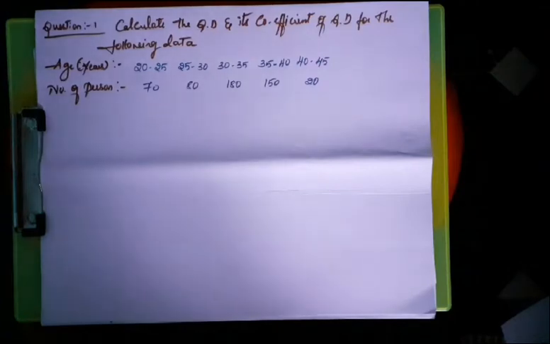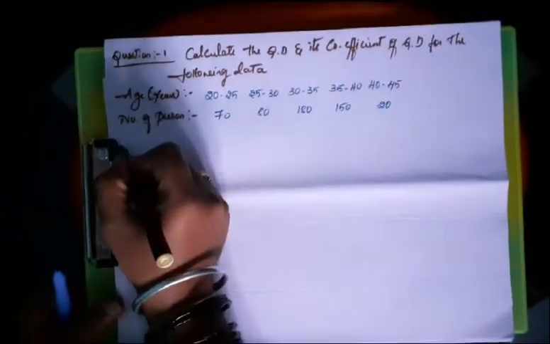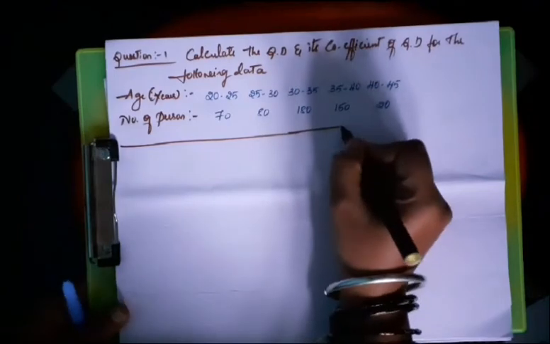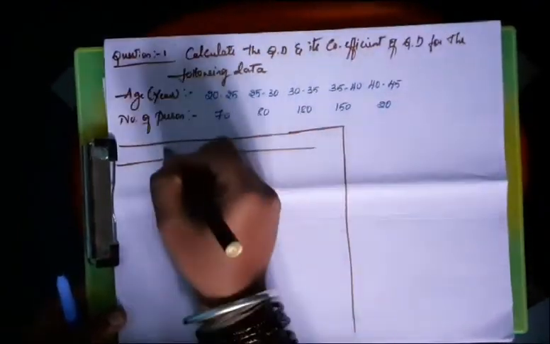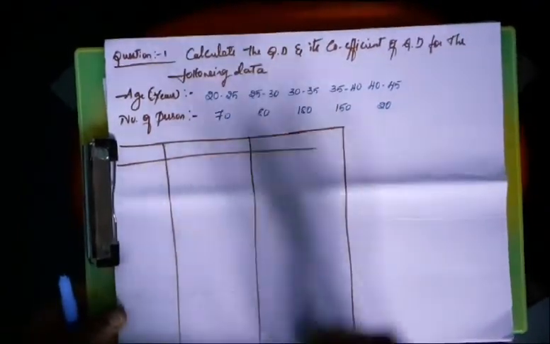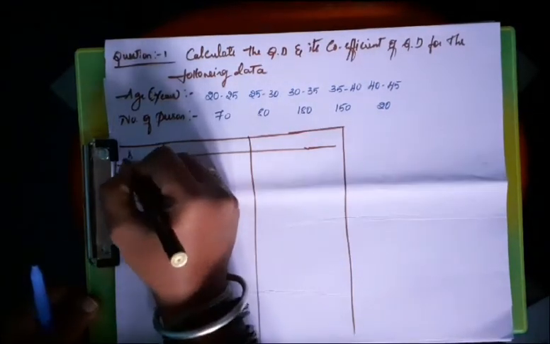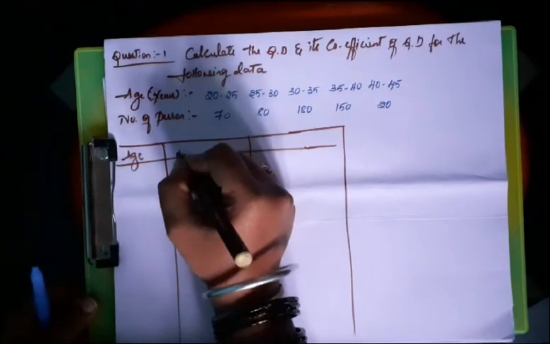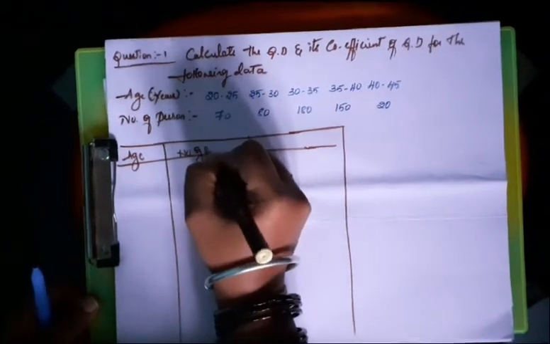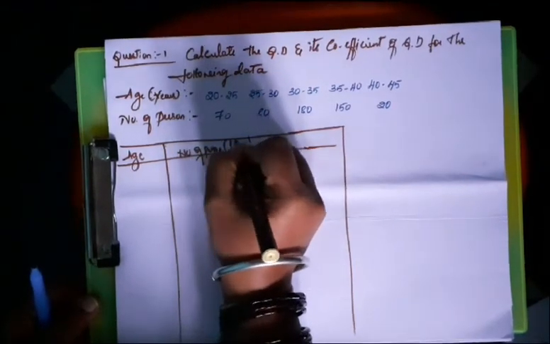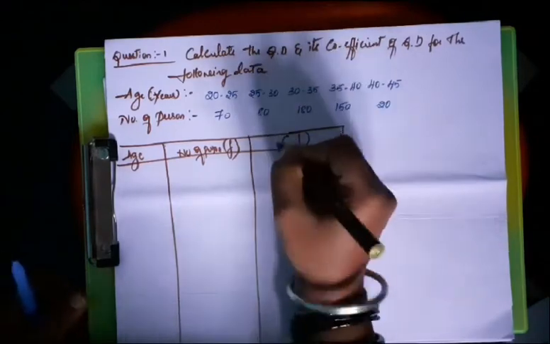So here the first step is what? We have to calculate the cumulative frequency. Whatever information they have given, you write it as it is. These are the variable, frequency and cumulative frequency. Age, and number of persons is nothing but the frequency, and this is cumulative frequency.